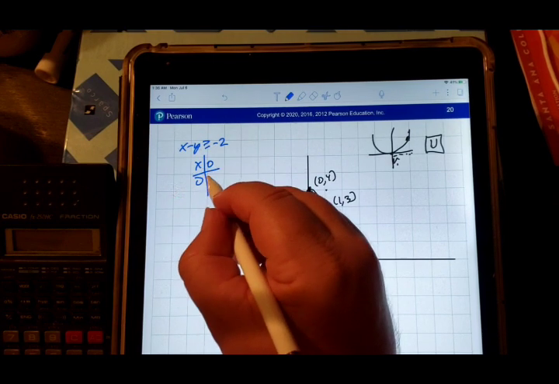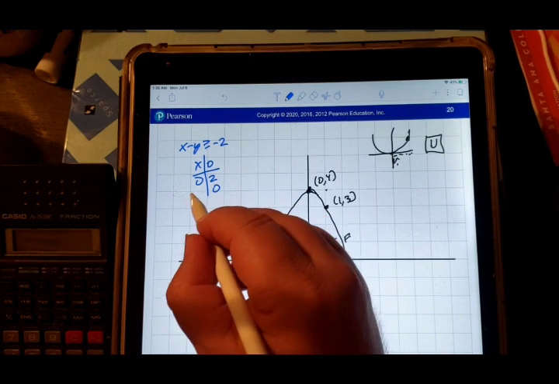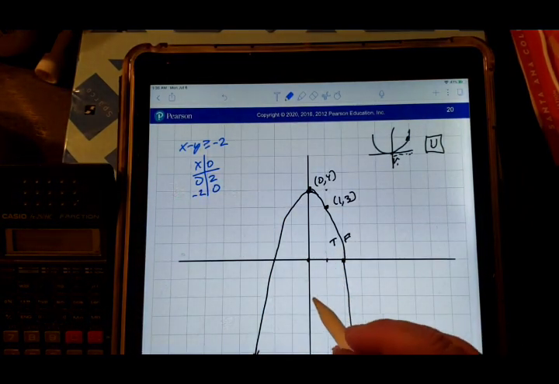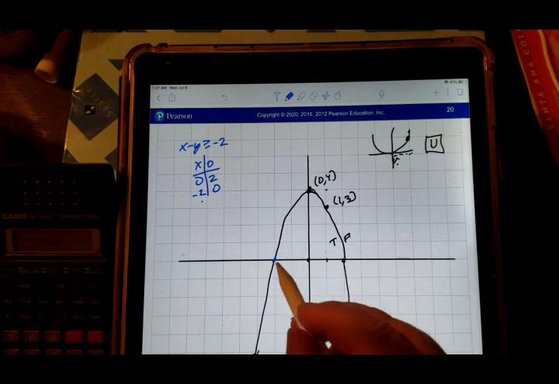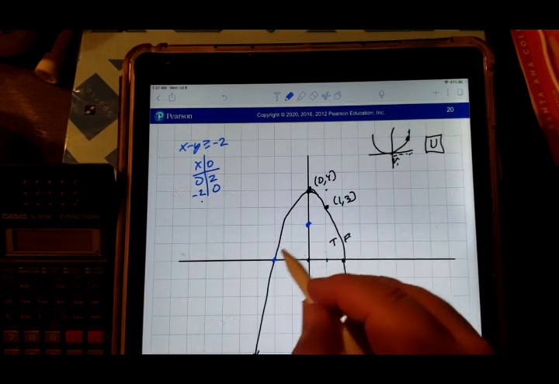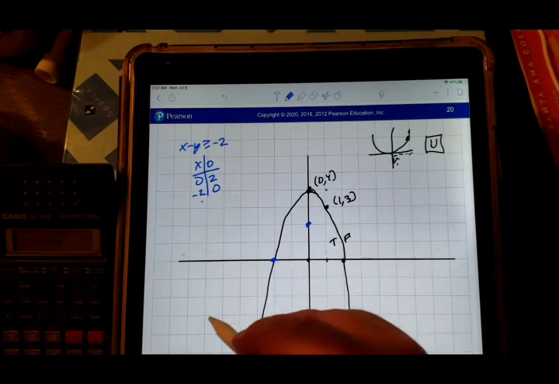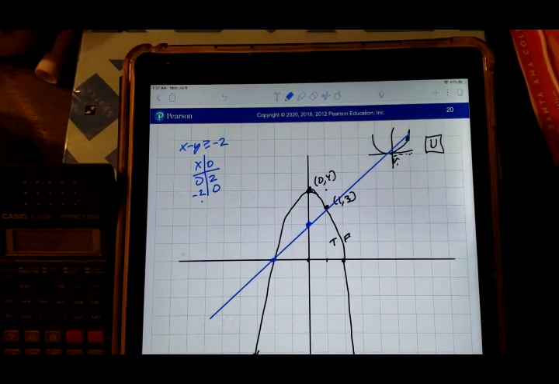If x is 0, y is 2, and if y is 0, x is negative 2. So negative 2, 0, that point. 0, 2 would be this point, solid line.